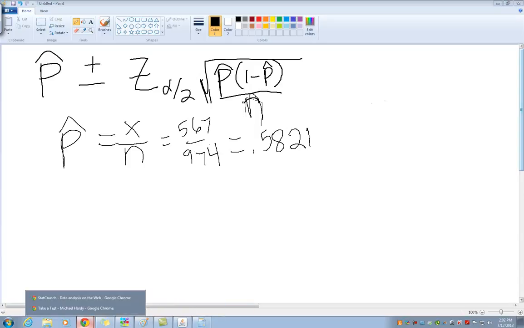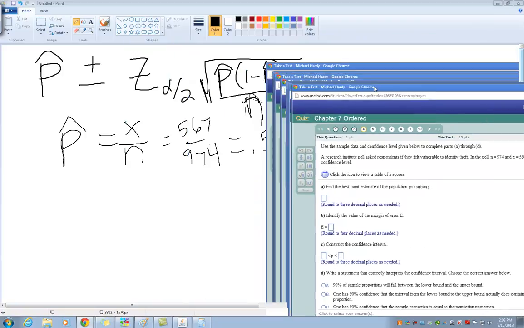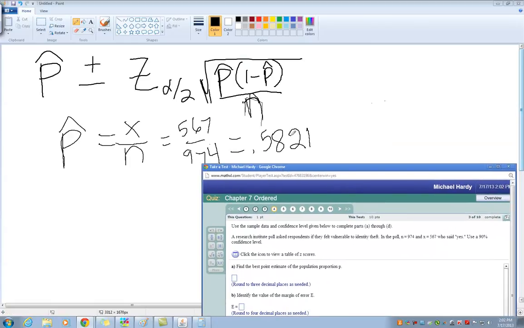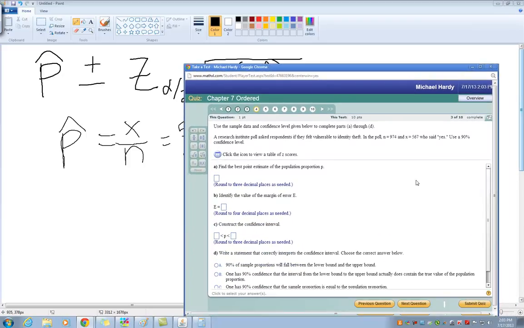Let's check what they want now on my math lab. Round to 3 decimal places. So we're only going to use 3 of these decimal places. 0.582. We have a choice between 582 or 583. It's 582 because the last digit beyond that 2 is 1. So rounding to 3 decimal places, we have 0.582.